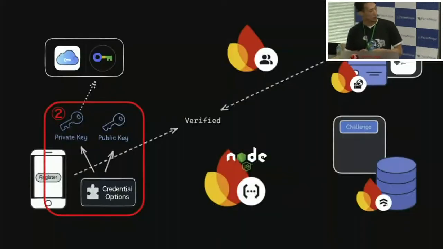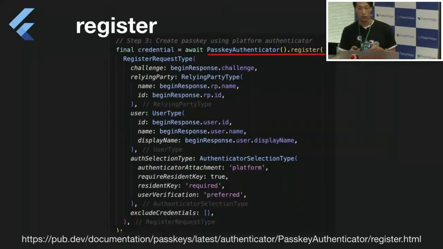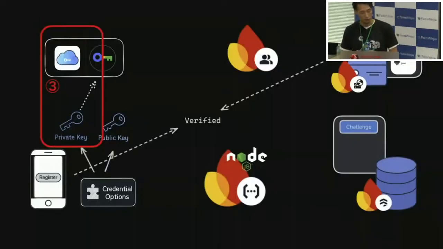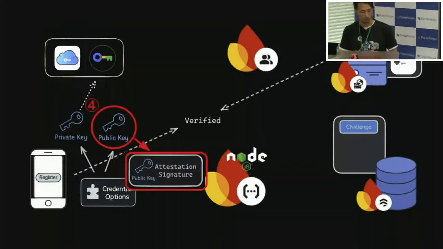After that is successful, the client side will create the key pairs. For this, we will be using the register method from the passkeys package. And behind the scenes, the secret key will be uploaded into the cloud, like the password managers in the cloud.